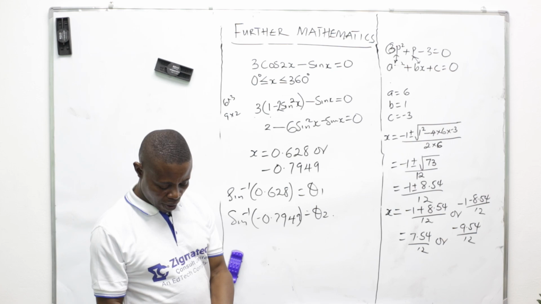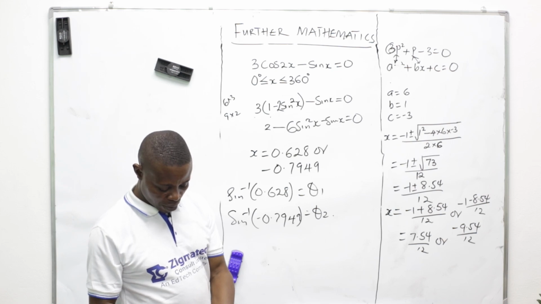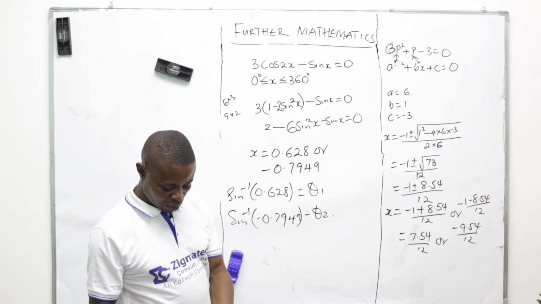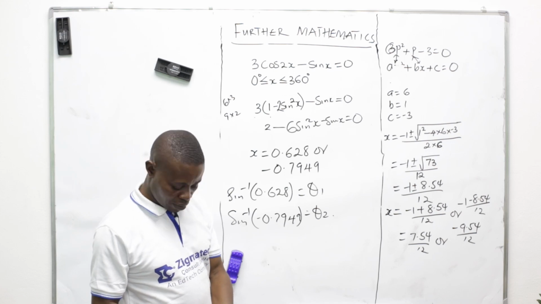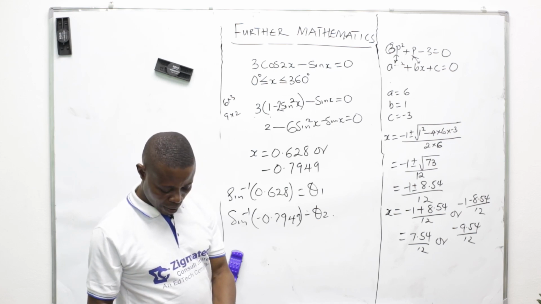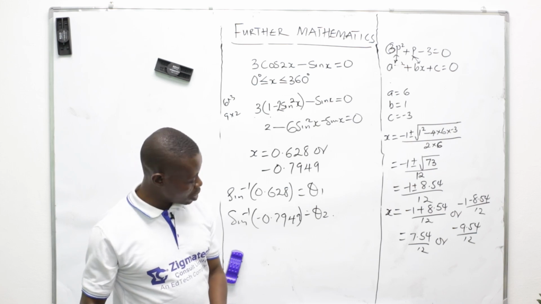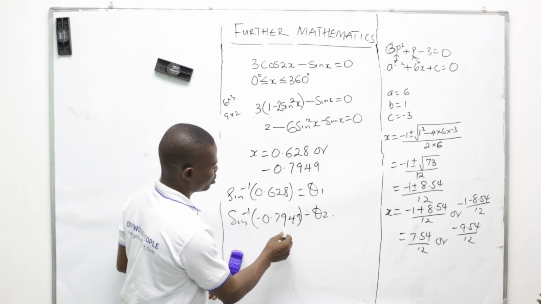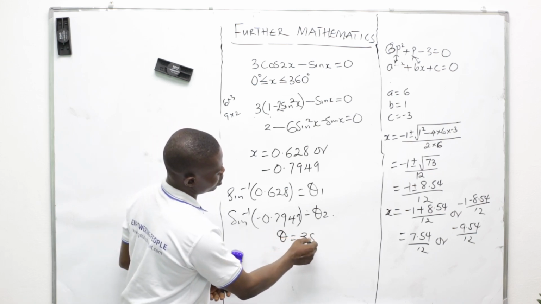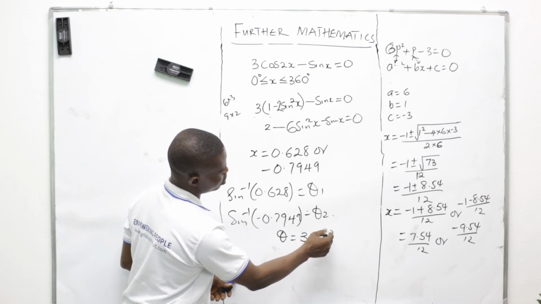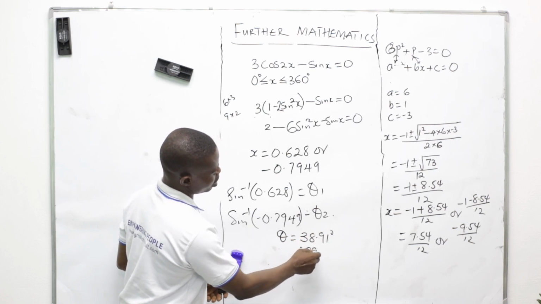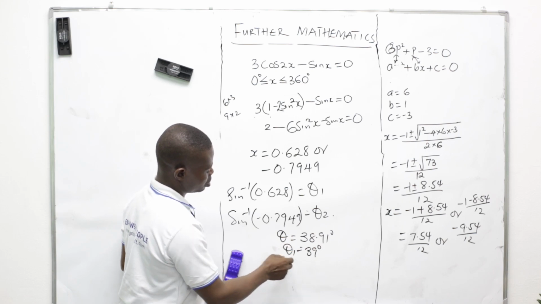Now, sine inverse of 0.628 equals 38.91 degrees, which is 39 degrees, theta 1.